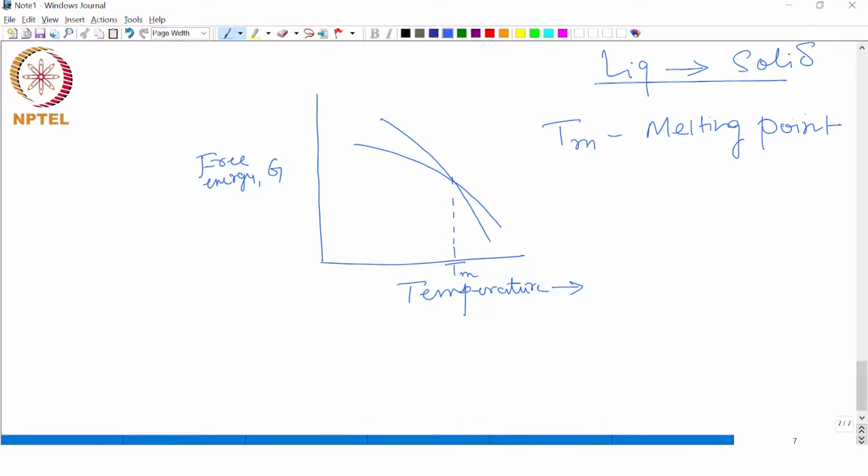All right. So, here you can see these two curves that you have, they represent the free energy of the solid and the liquid as a function of temperature. This one is for the solid, Gs, that is the free energy of the solid, and this one is the free energy for the liquid, denoted as Gl.